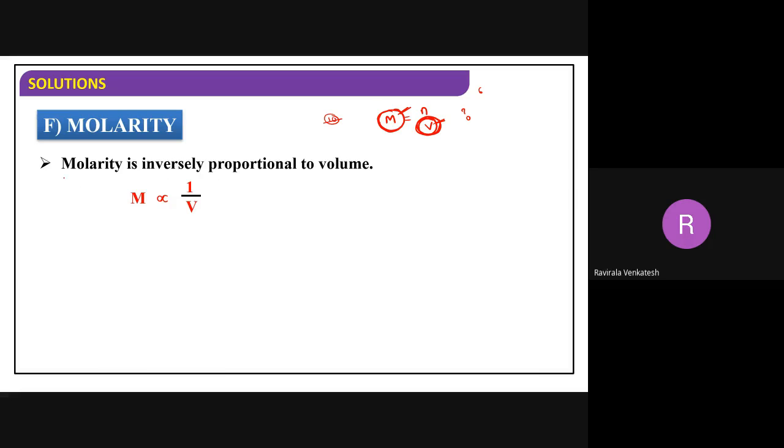On the screen, it is clearly showing that molarity is inversely proportional to volume. Even though it is visible, you are unable to give the answer. So I want to see how much you are paying attention. For that reason, I asked this question.